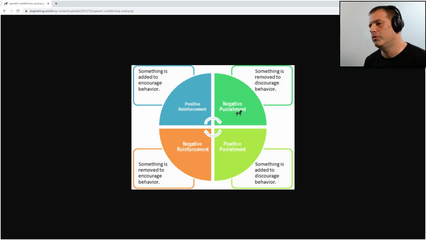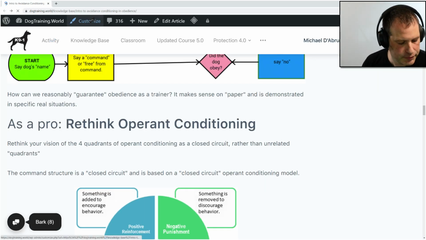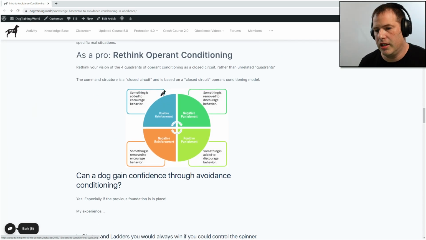The same way if we're doing negative punishment and negative reinforcement and positive punishment. All right. If we're only doing this, it's going to be rocky. It's going to be rocky if we're not encouraged. Like I say, it's a wheel. It's really a broken wheel. So we're looking at this closed circuit that we're doing with the dog.